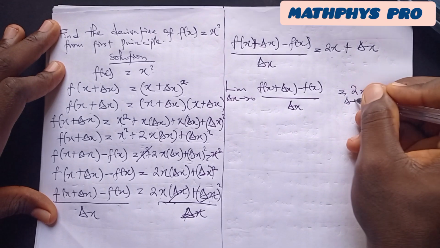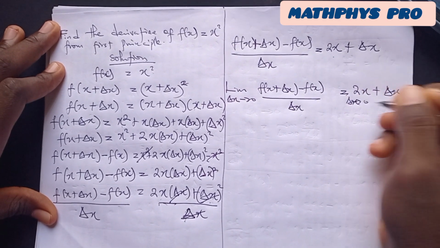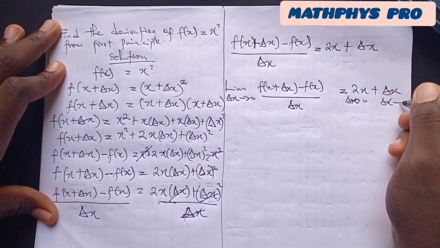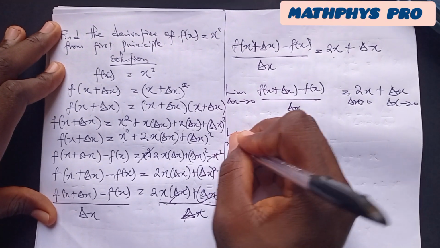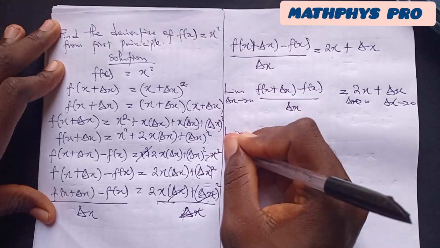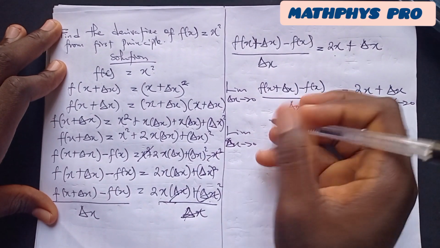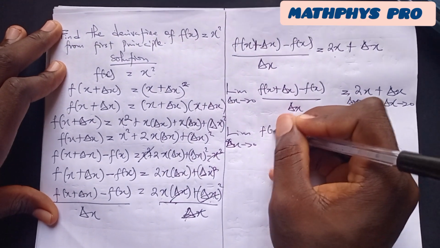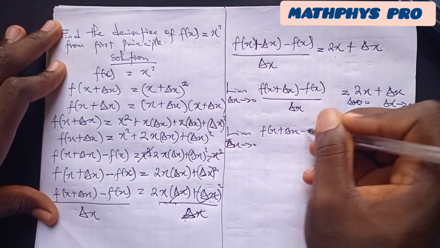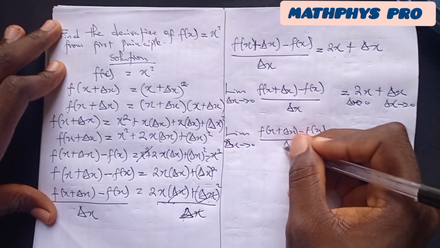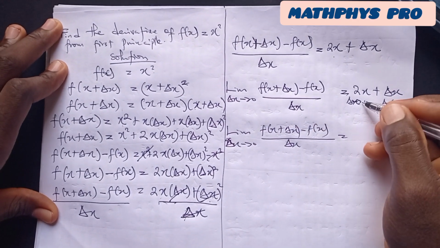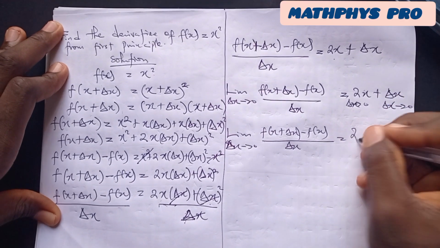Remember, when change in x approaches 0, we have the limit as change in x approaches 0 of f of x plus change in x minus f of x over change in x equal to. Since there is no change in x here, we have 2x.